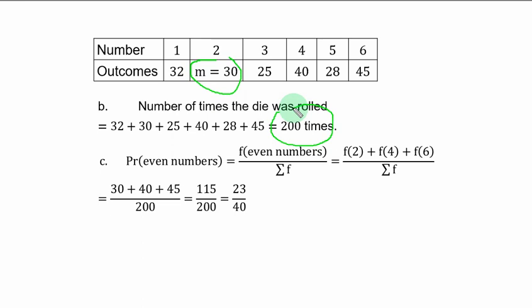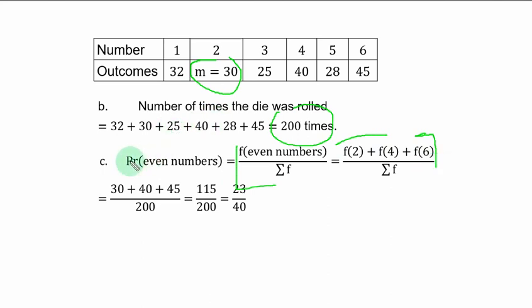C part of the question, probability of obtaining even numbers, and that is frequency of even numbers over total frequency. From the table, we have 3 even numbers, that is 2, 4, and 6. So you have frequency of 2 plus frequency of 4 plus frequency of 6 over total frequency.